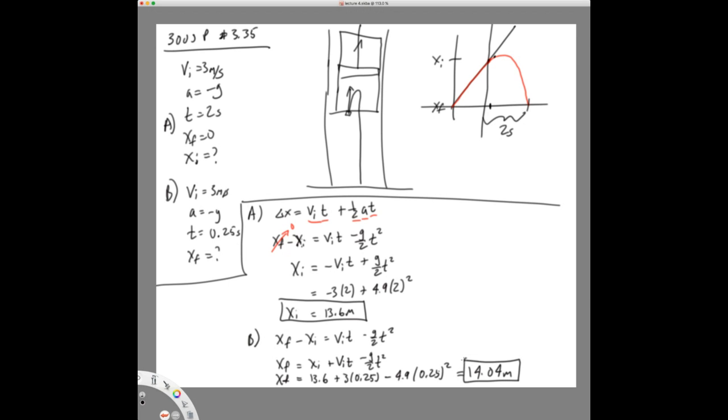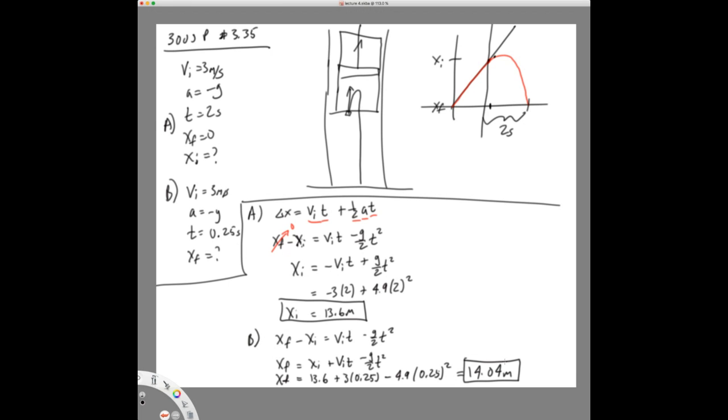So that's higher than the starting point, which is, I guess, one of the things I want us to see in this problem. I mean, I told you the graph looks like this, but if you don't draw the graph, you may not be expecting that the bolt actually keeps rising for a while before it comes back down. So because we pick only a quarter of a second after it's released, it hasn't had time to hit its highest point and start to fall down. So it's actually still on the way up.